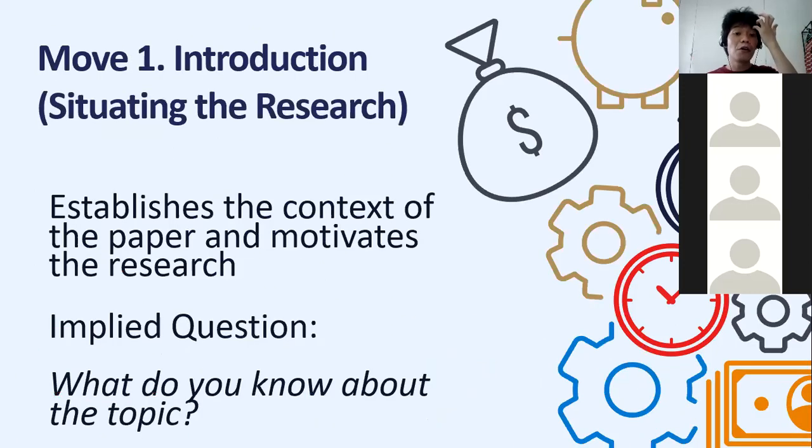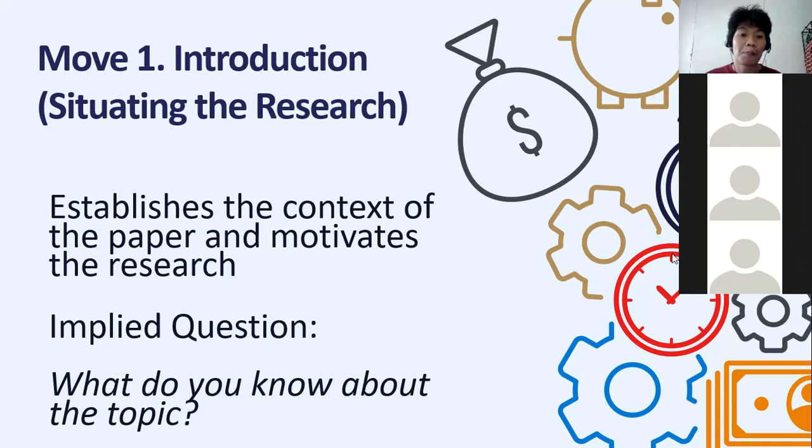Okay. Move one, introduction, which means situating the research. In move one, introduction, it establishes the context of the paper and what motivates the research. So in move one, you're going to provide the context of your paper, meaning the background of your paper.